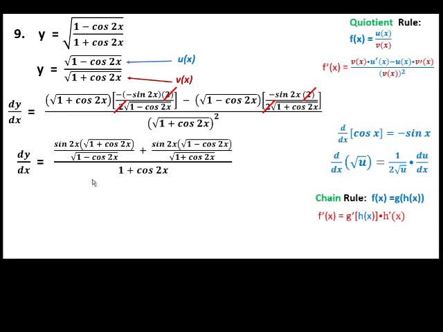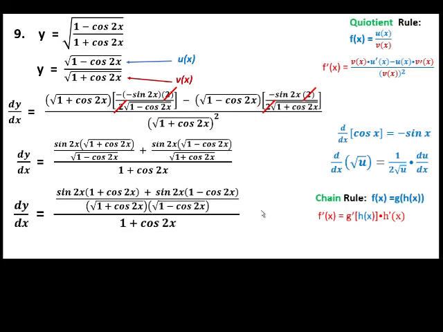So after that, we are going to transform these two fractions into a single fraction. So the LCD is the product of these two denominators. So this square root of 1 plus cosine 2x times this square root of 1 plus cosine 2x, the square root symbol is removed.